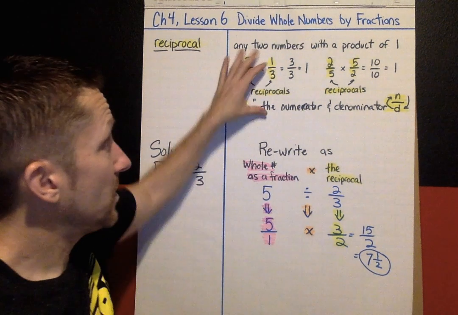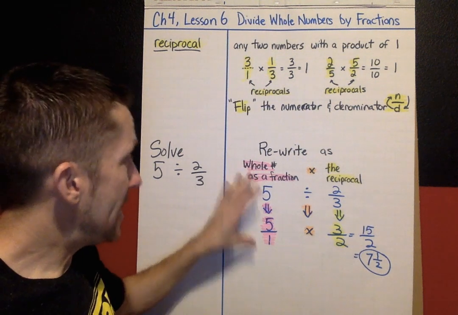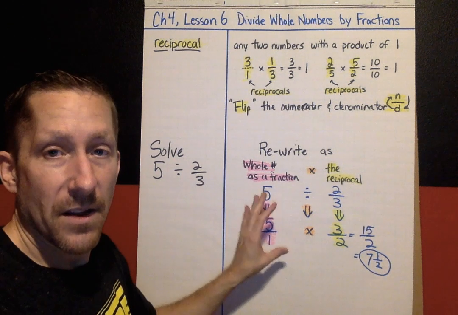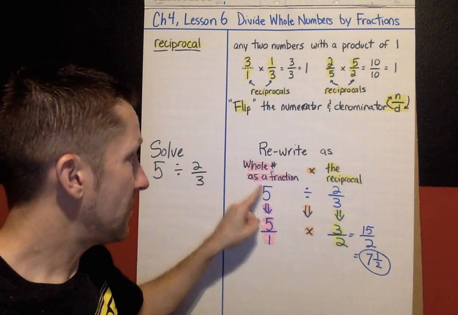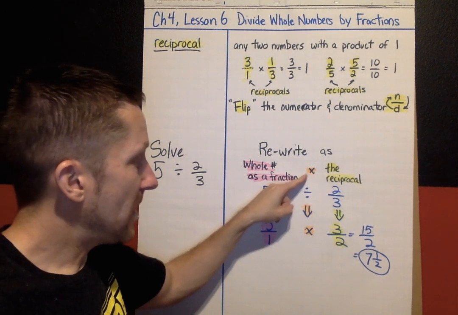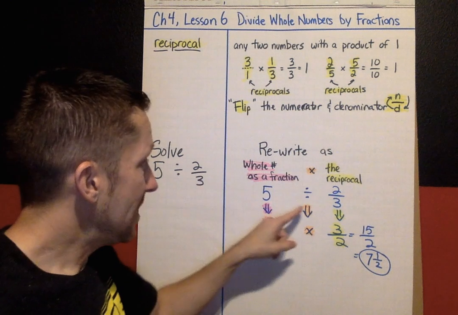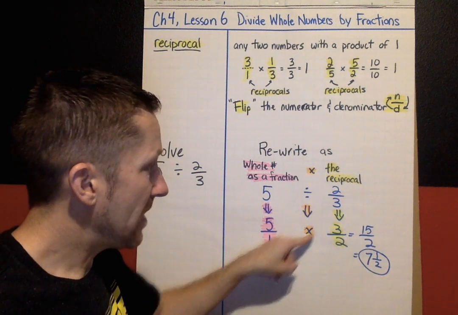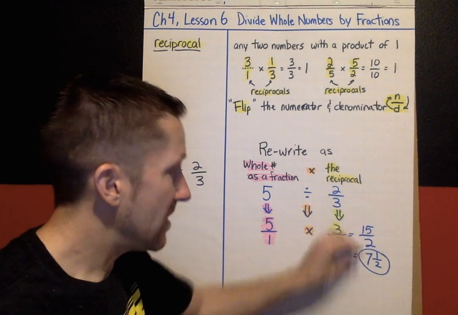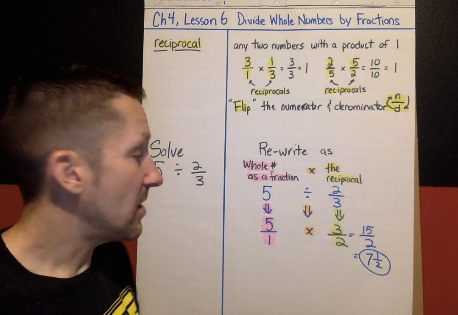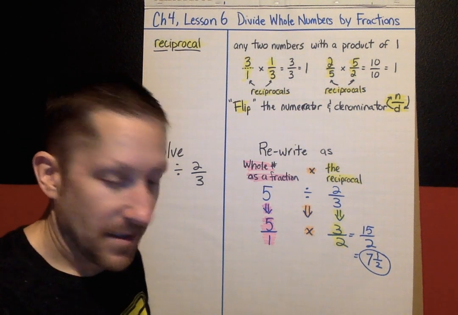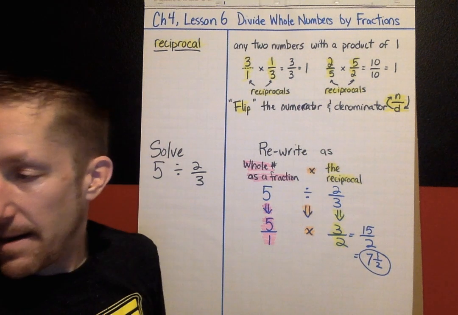Finding reciprocals is part of your practice, and then whole number divided by a fraction is your other part of your practice, and you're following these steps right here. Whole number, rewrite it as a fraction. Dividing gets rewritten as multiplying, and then the fraction, you're changing that to its reciprocal, and then you're multiplying numerators across, denominators across, and simplifying. Okay, that does it for lesson 6.